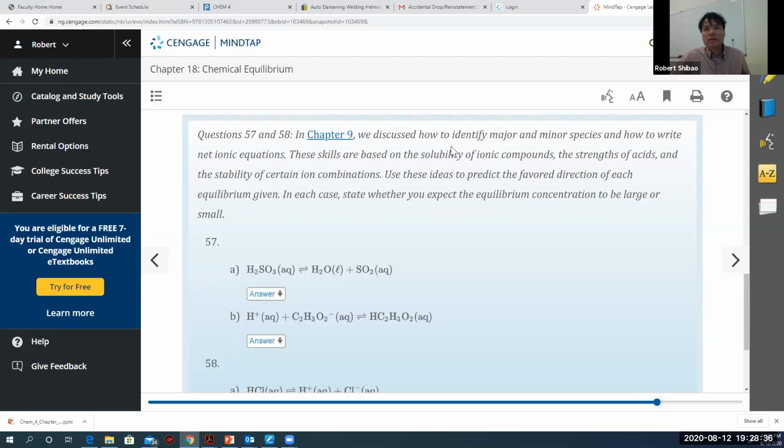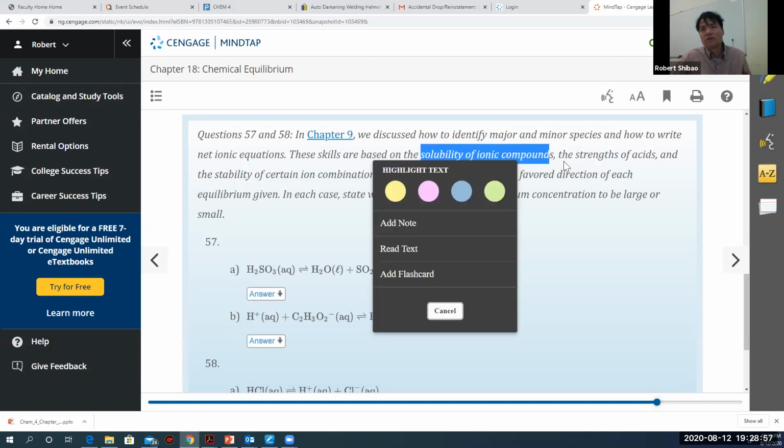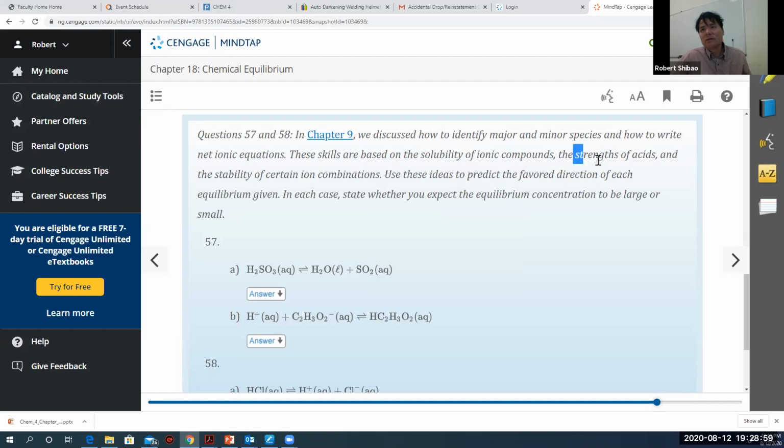In chapter 9, we discussed how to identify major and minor species and how to write net ionic equations. These skills are based on the solubility of ionic compounds, the strength of acids, and the stability of certain ion combinations. In other words, you ionize the strong electrolytes. What are the strong electrolytes? The strong electrolytes are the soluble salts, so you need solubility of ionic compounds. The strong acids, therefore we need the strength of acids.